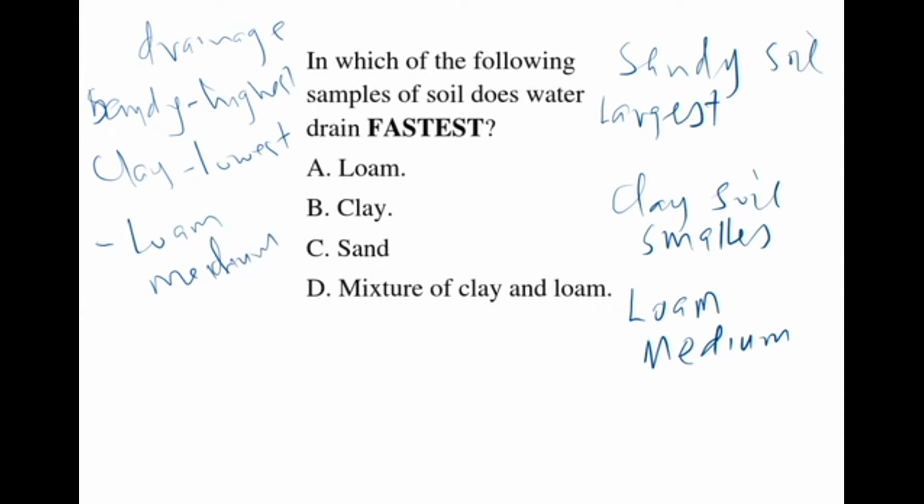This is because sandy soil has large soil particles that have large air spaces that allow water to pass through quickly through those air spaces that are left. Therefore, sandy soil has the highest drainage and allows water to drain through it fastest.